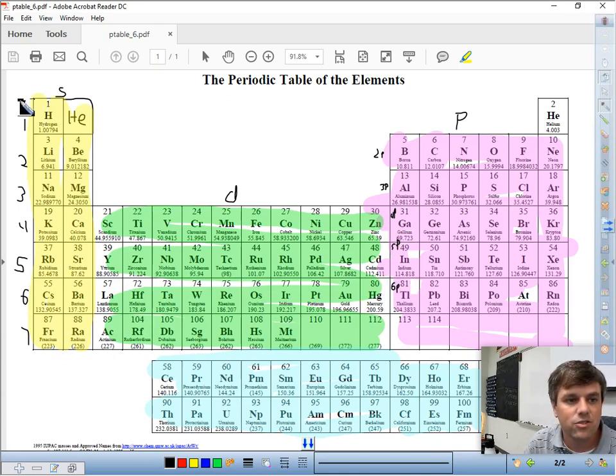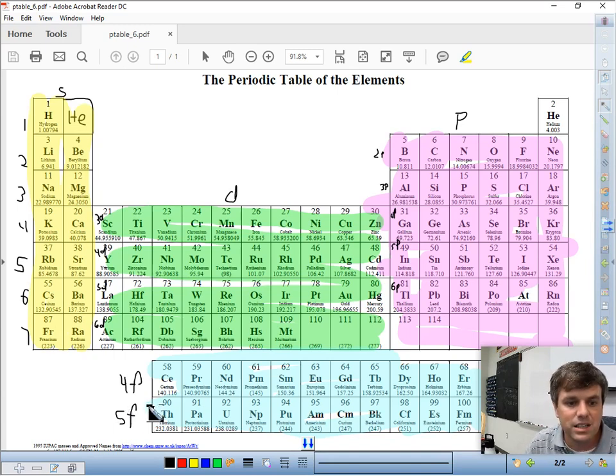So our S's start with 1, our P's start with 2, our D's will start with 3. So this is going to be 3D. I know this is row 4, but this is 3D, 4D, 5D, and 6D. And then for the F's, our F's start with 4, so this is 4F and 5F.